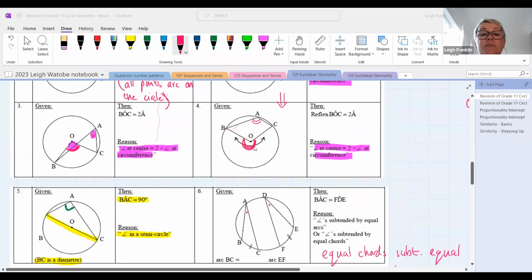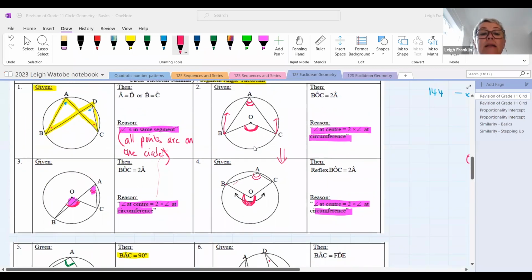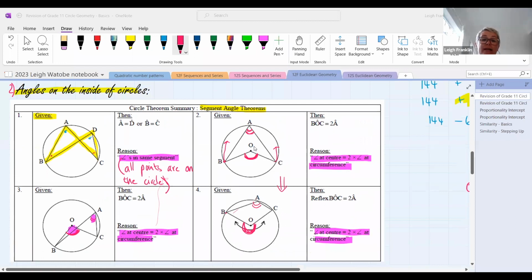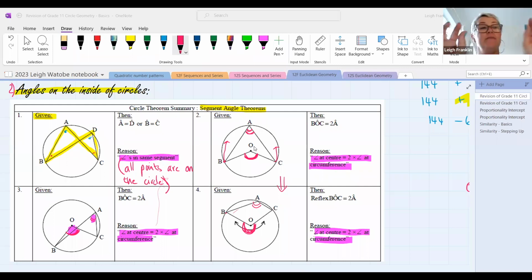Somebody just asked me to go back to number 4. Number 4 is like number 2 and also like number 3. If I could take hold of B and C in question number 2, and push those arms up to a higher point on the circle and let go, my arrowhead would become a diamond.